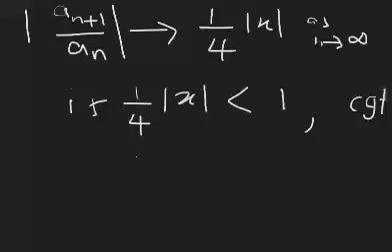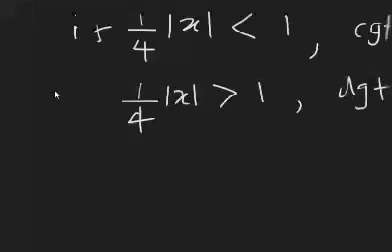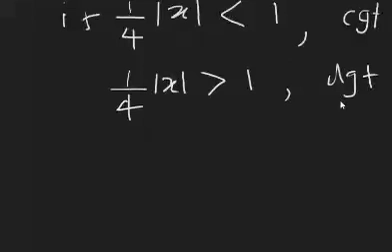Otherwise, if this bit is greater than 1, that power series is divergent. So let's consider the convergence. If mod of x is less than 4, that power series is convergent.